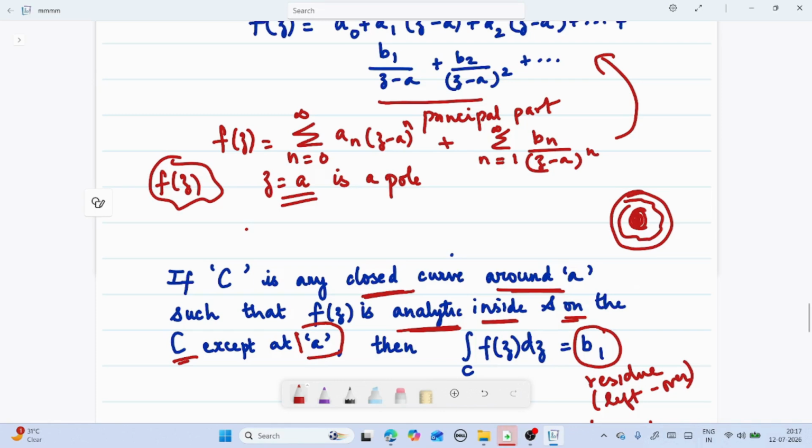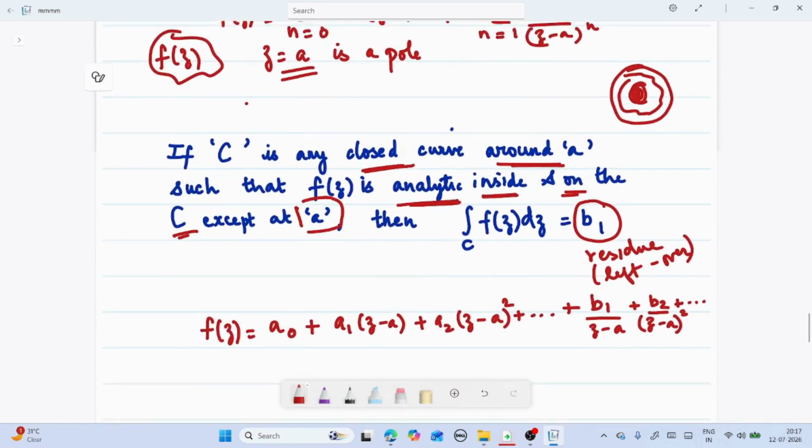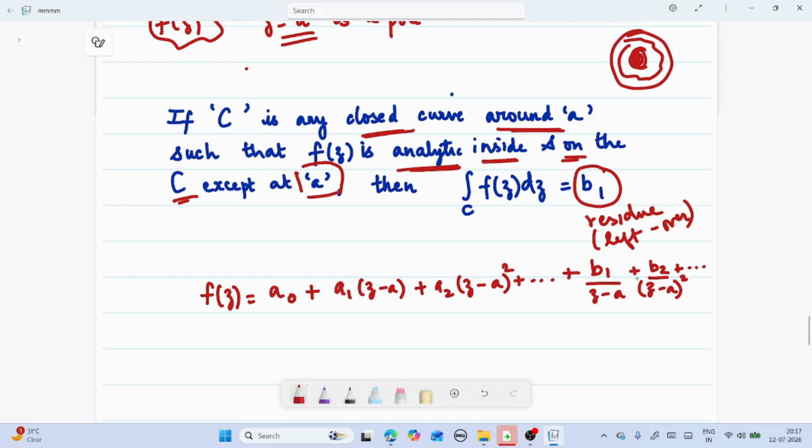Now what is this b1? Just look into the Laurent expansion for a given f of z. b1 is nothing but the coefficient of 1 by (z minus a). What does it actually mean? When I integrate this function f of z over the closed curve C, we integrate all these terms.